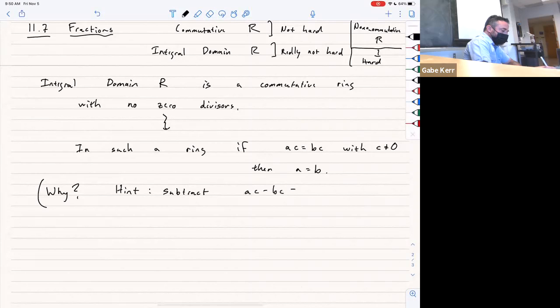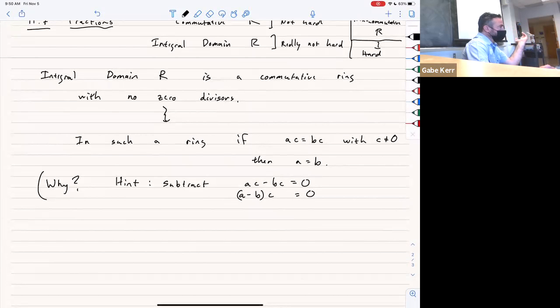AC minus BC equals 0. A ring, all these properties, might as well use them. It's A minus B times C. Now, a zero divisor is something that you can write as a product with some other thing that's not 0, and you get 0. We said C is not 0. Since there are no zero divisors, A minus B must be 0.